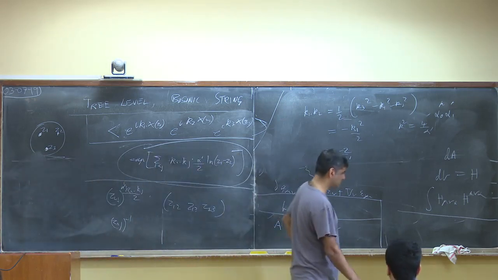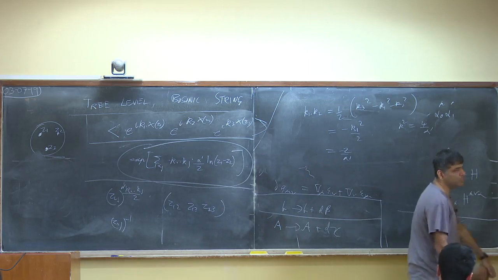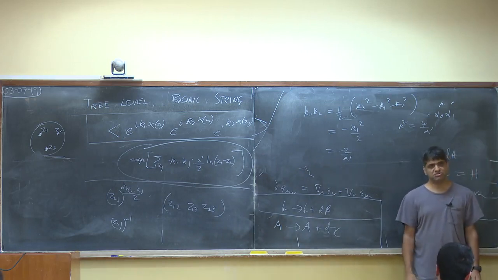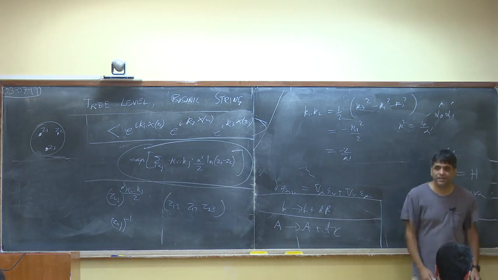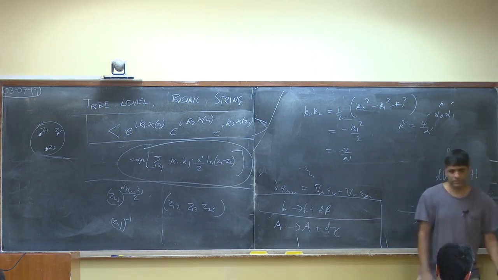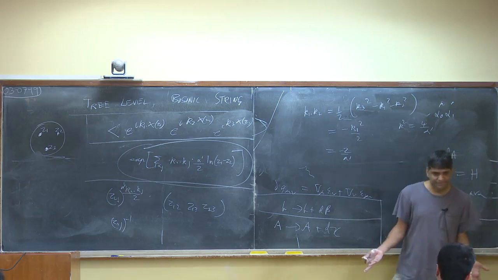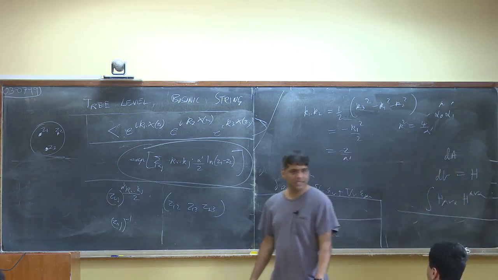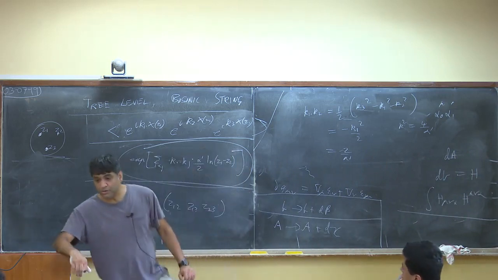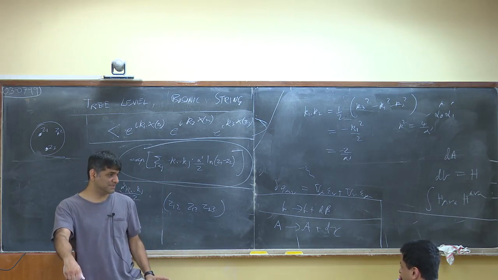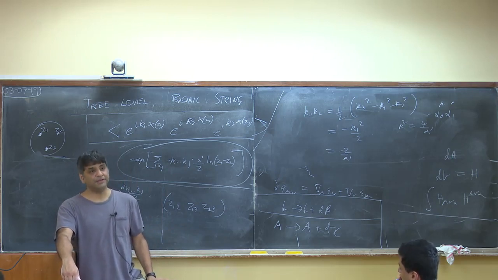Every time you try to do loops around this, you'll run into trouble. If you do just tree exchange, you can do it. What you'll get is exchange of a wrong sign pole. When you try to do loops, you will have loop diagrams involving the wrong sign mass. That will lead to infrared divergence.